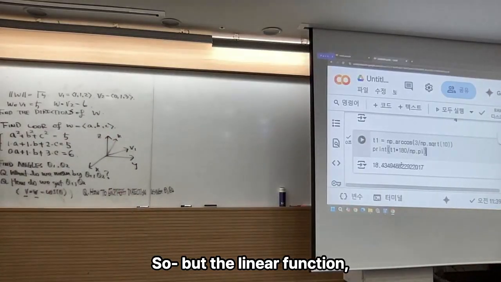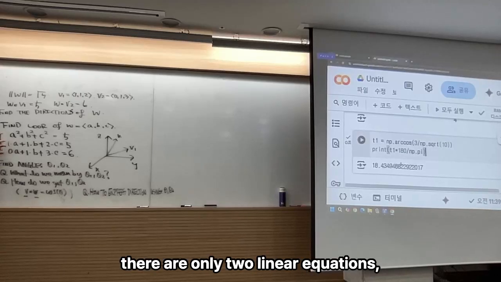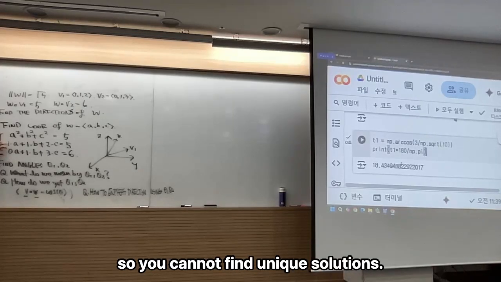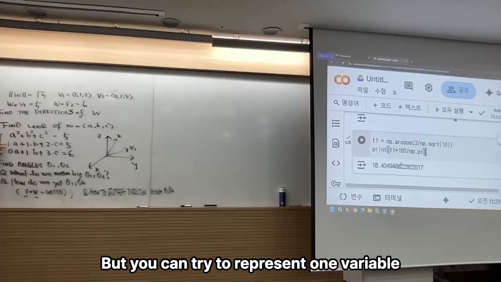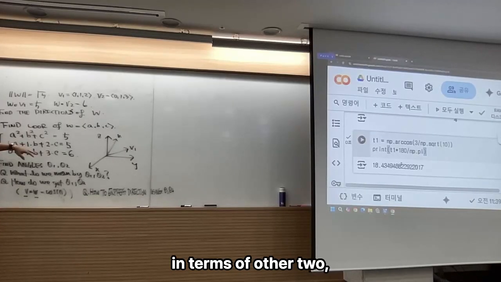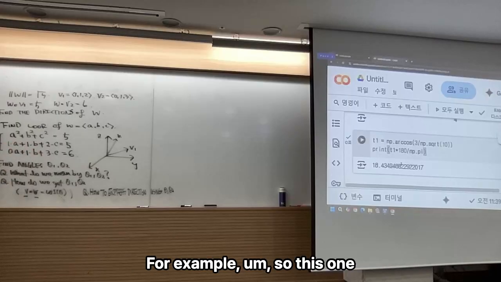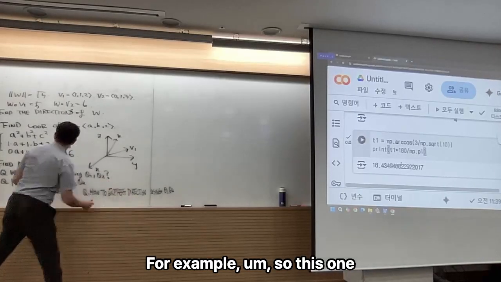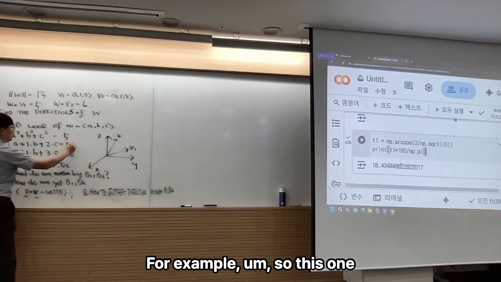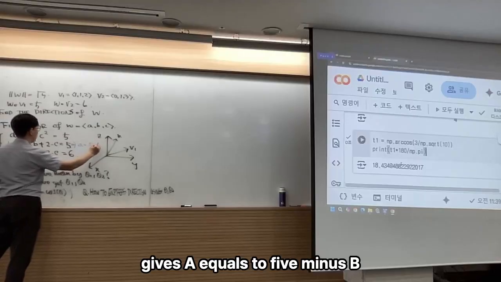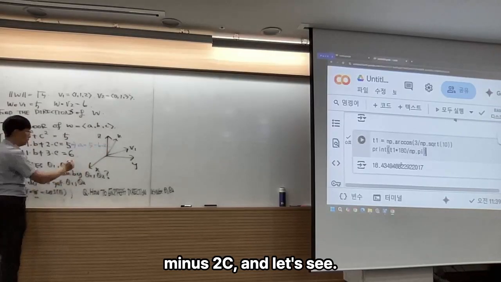With linear equations, there are only two of them, so you cannot find a unique solution. But you can try to represent one variable in terms of the other two, or two variables in terms of another variable. For example, this one gives A equals 5 minus B minus 2C.